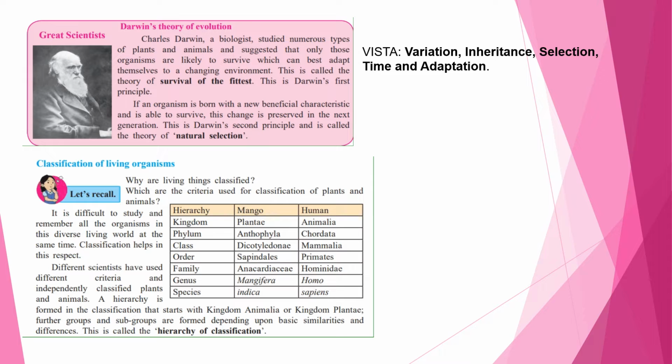Whenever we say the scientific name of a plant or animal, we consider only its genus and species. The scientific name of mango is Mangifera indica. Human has kingdom Animalia, phylum Chordata, class Mammalia, order Primates, family Hominidae, genus Homo, and species sapiens. So the scientific name of human is Homo sapiens.